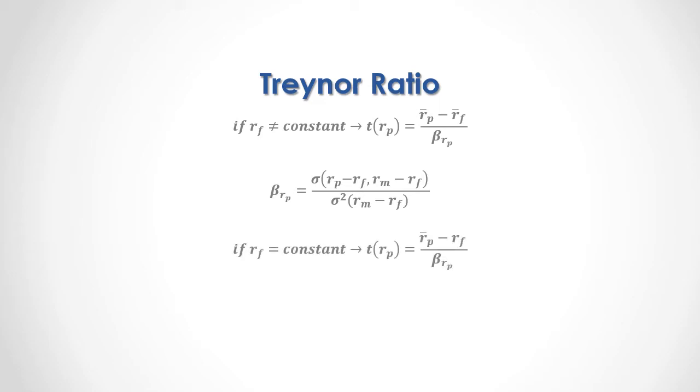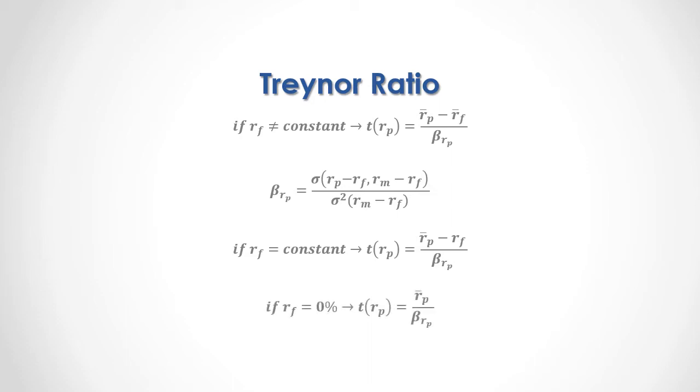On the other hand, if the risk-free rate of return is constant through time, then the portfolio returns Treynor ratio is equal to, and within the numerator we have the portfolio returns mean minus that constant risk-free rate of return, and that result divided by the portfolio market beta. This portfolio market beta is calculated using the same formula as in our previous slide.